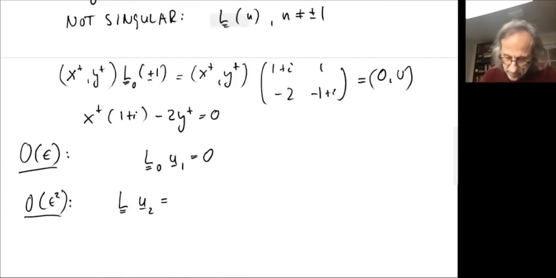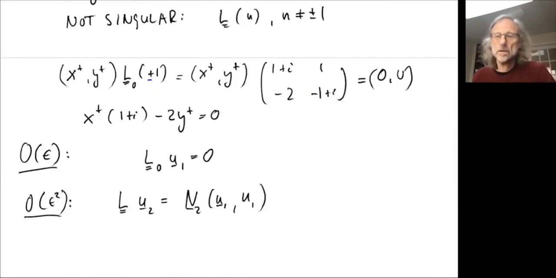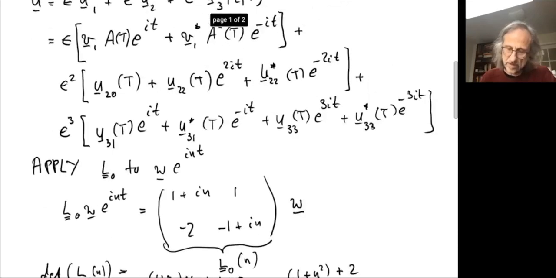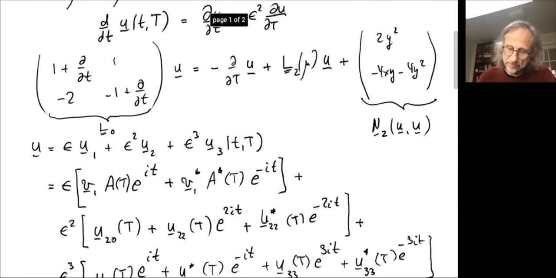So this is N2 of U1 and U1. What does that mean? I guess we have to write it out so we see what's going to happen, at least once. So the x component is 2y squared, and we need that of the U1.